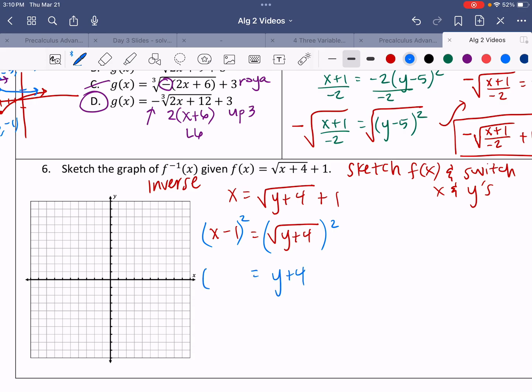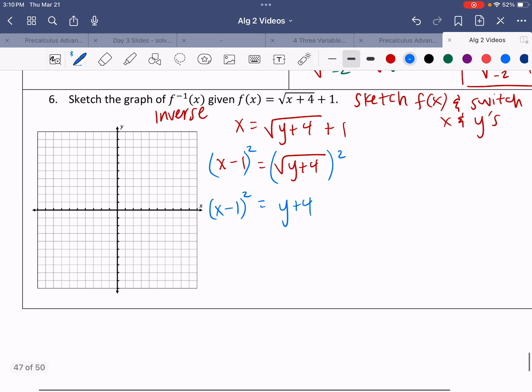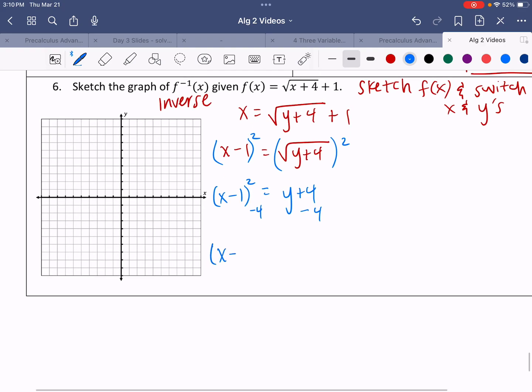And then don't multiply this side out. A lot of people tried to FOIL this and then got confused. Leave it how it is. Subtract the 4. It can't enter the parentheses. It's not being squared. X minus 1 squared minus 4 is the inverse.